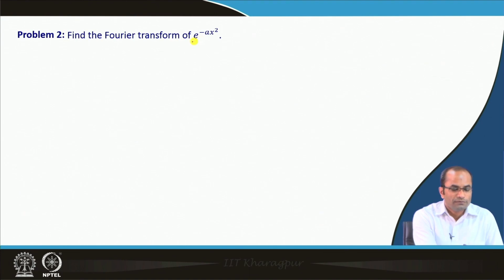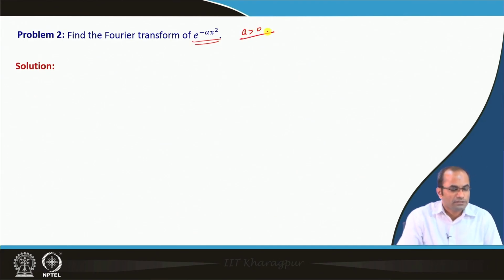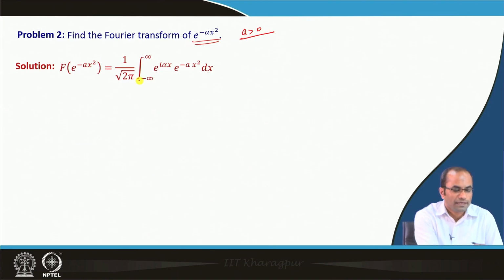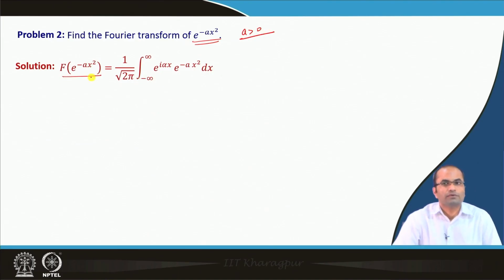In another problem, we will consider e power minus a x square, where a is again some positive number. For this problem we will again apply the definition of the Fourier transform, that means e power I alpha x times e power minus a x square dx.